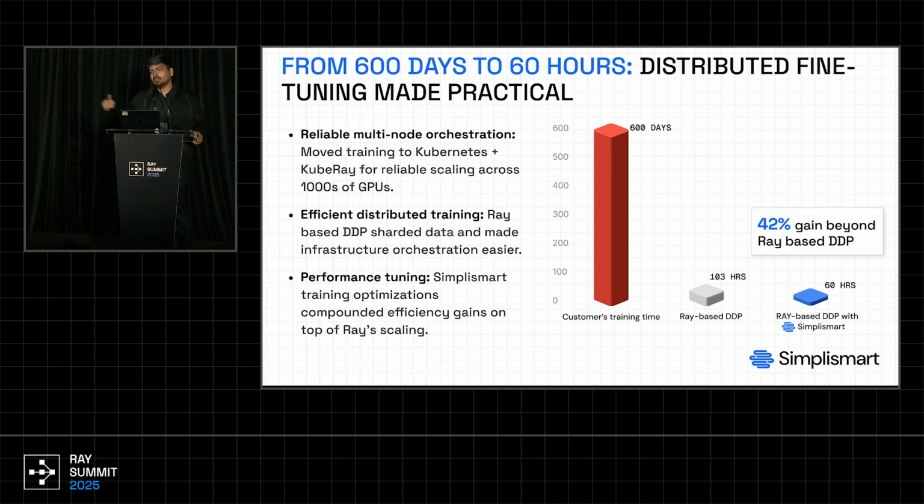Then further, we introduced our own training loop internally inside Ray, and that gives us 42% more gain on top of their existing training loops. And that way we were able to reduce the time taken per experiment from a very impractical time, 2 years, which nobody's going to wait for, to a more realistic time that helps them iterate much faster and get to a much better model quality.